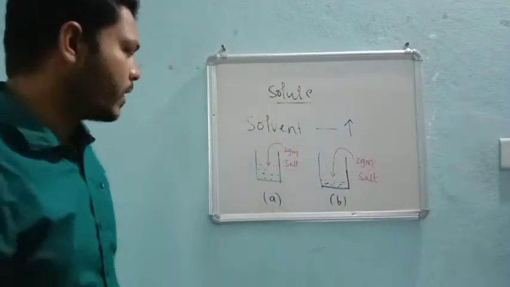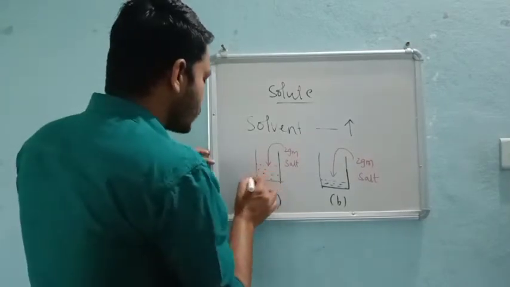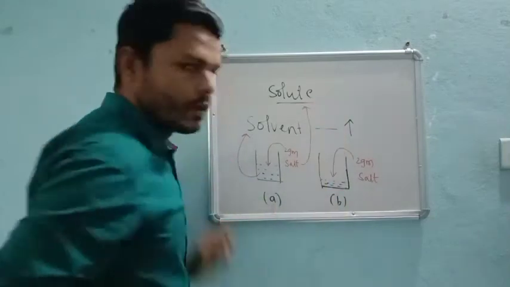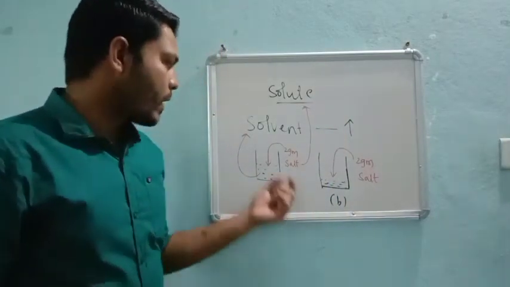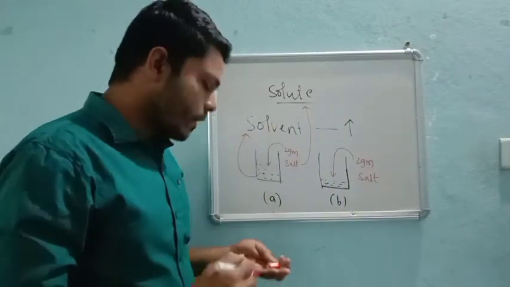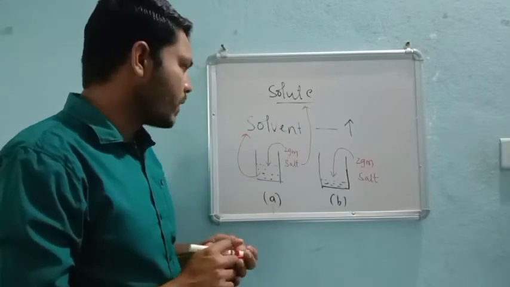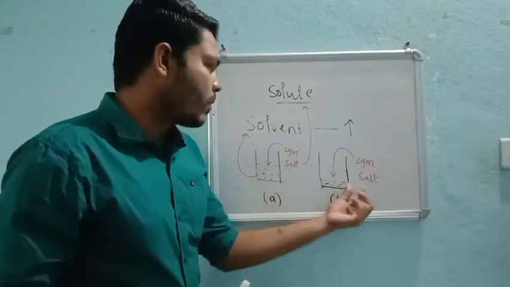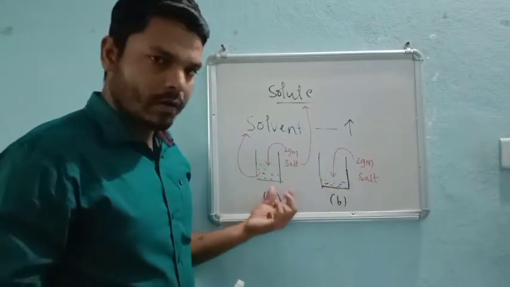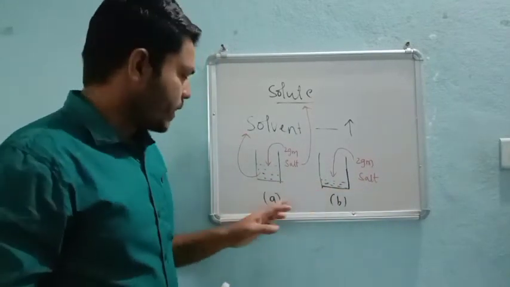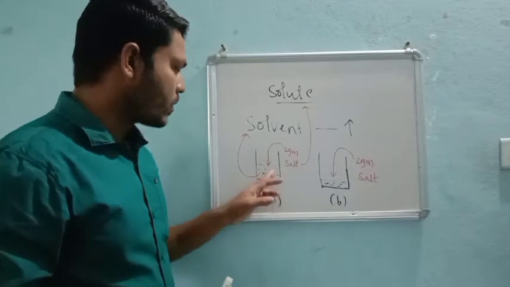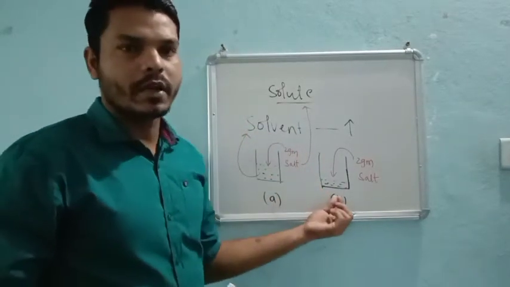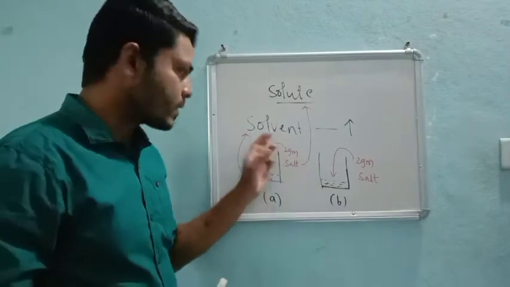Here water is the solvent, and salt is the solute. After adding 2 gram to both the vessels, see here, A has more solvent and B has a little less water as a solvent.